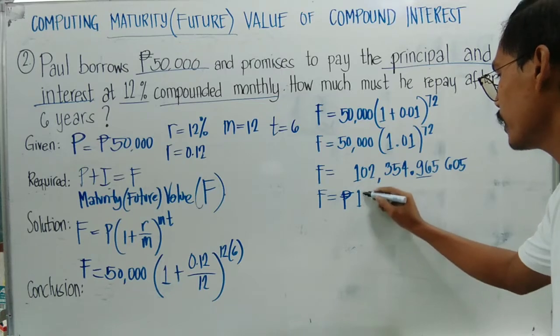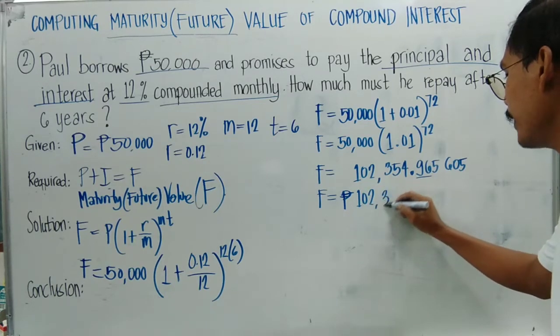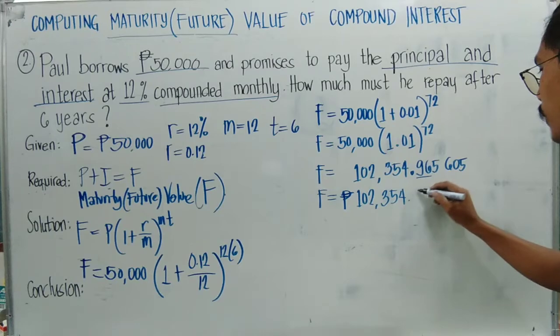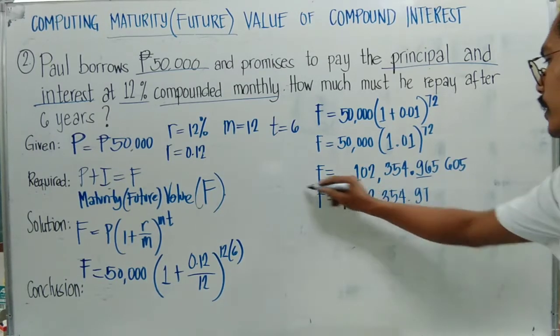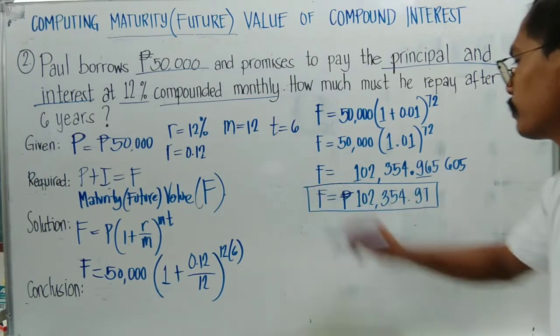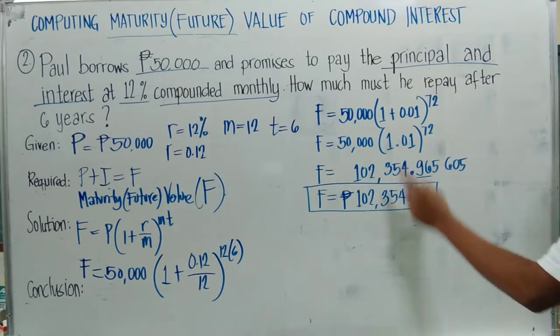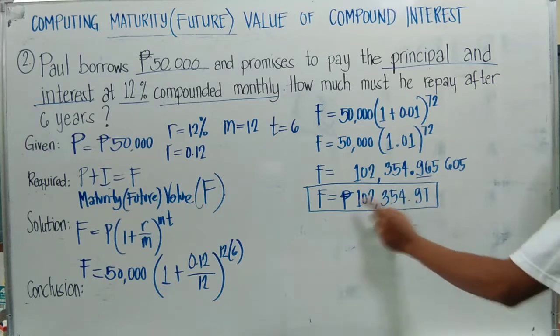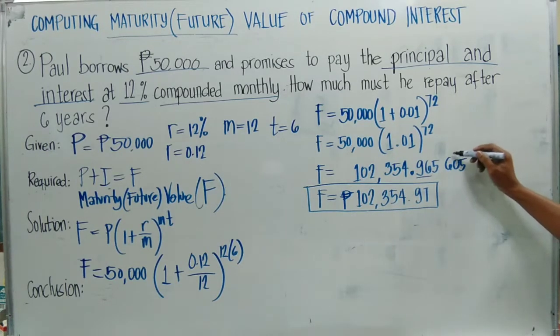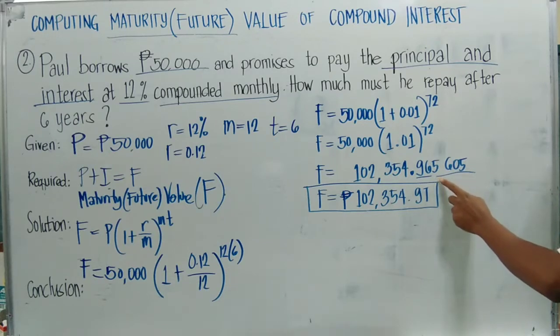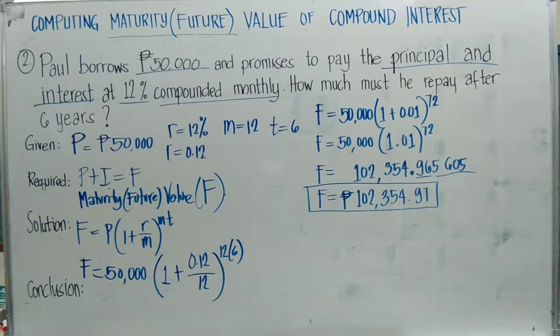We have 102,354.97, or in money we have 102,354 pesos and 97 centavos. So again, we will not include these extra digits when we are speaking about money, because the concept is what amount of money this is, okay?